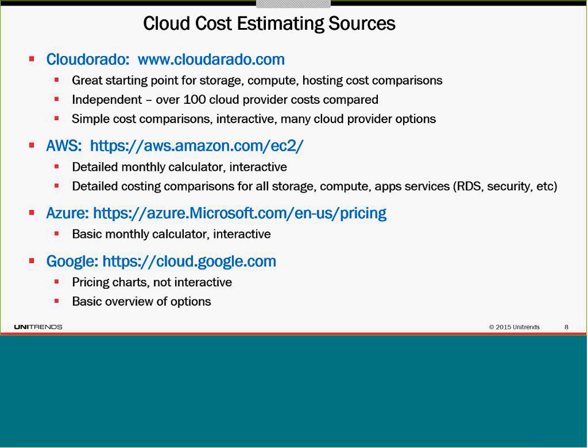For Azure, again with the site posted, there's a more basic monthly calculator. It is interactive, and it does allow you to play the various options out, a little less detailed than what you would see with AWS. And then Google actually has pricing charts as well, but they do not yet have an interactive cost estimating model, at least not that I can find on their website. But they do provide a basic overview of the options, so you can get a feeling for what the cost would be in that kind of public cloud setting.